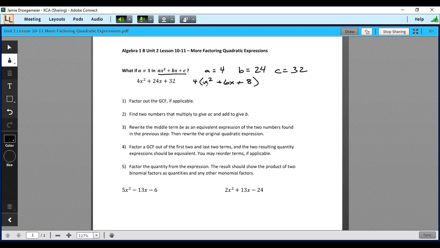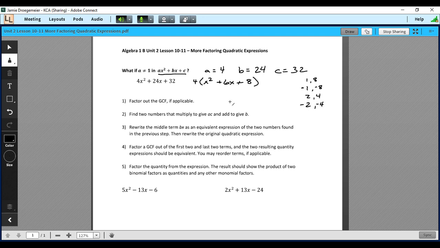So A times C, 1 times 8 is 8. So we want to think about what are two numbers that multiply to give us 8. And so thinking about our factors of positive 8, it could be 1 and 8, could be negative 1 and negative 8, 2 times 4, or negative 2 times negative 4.